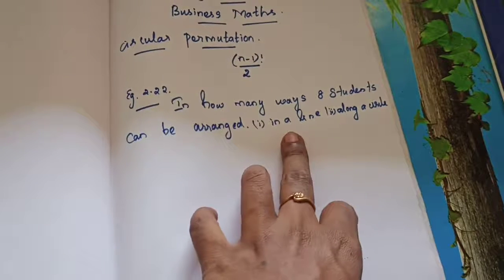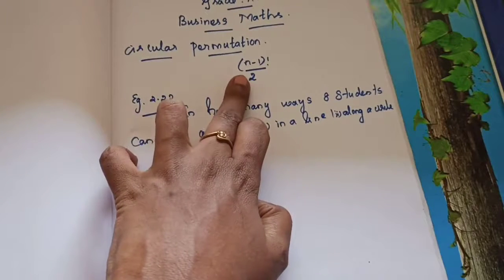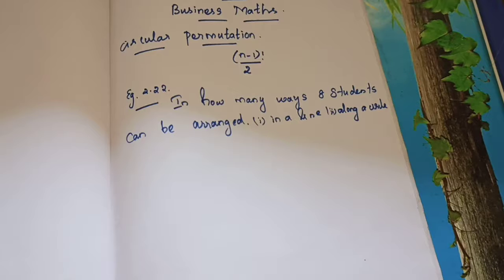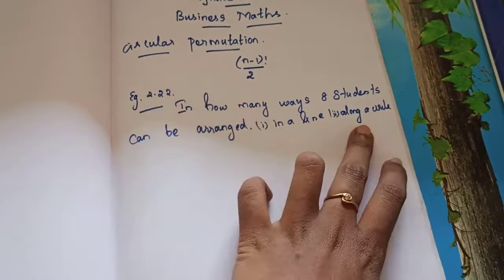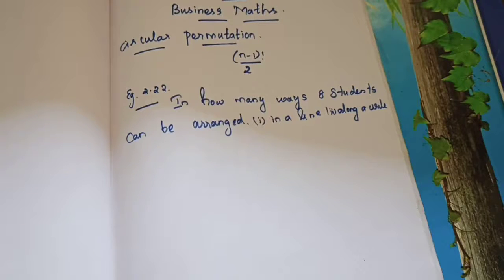Listen carefully here. The formula I taught you, (n minus 1) factorial by 2, is not the formula for along a circle here; I said that both clockwise and anti-clockwise are identical, and only then do we use that formula. Along a circle, in your book there is one formula: in general, the circular permutation of n different things taken all at a time is equal to (n minus 1) factorial. Take that to your note.